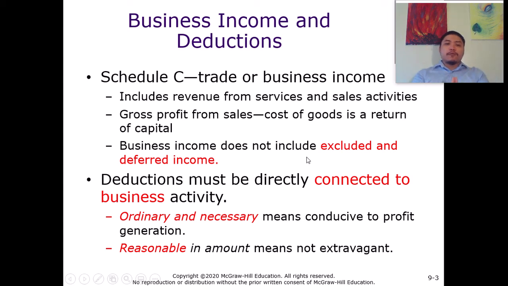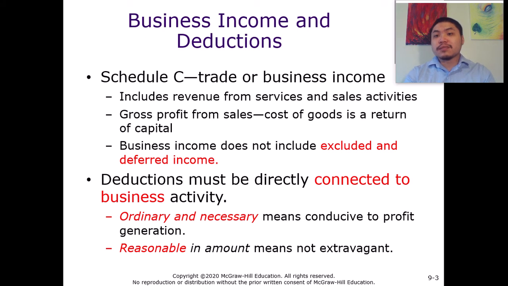All right, so similar to individual taxpayers, the gross income of a business, gross business income, basically has to include every channel, every item of revenue that the business has generated, except for the excluded and deferred items, right?